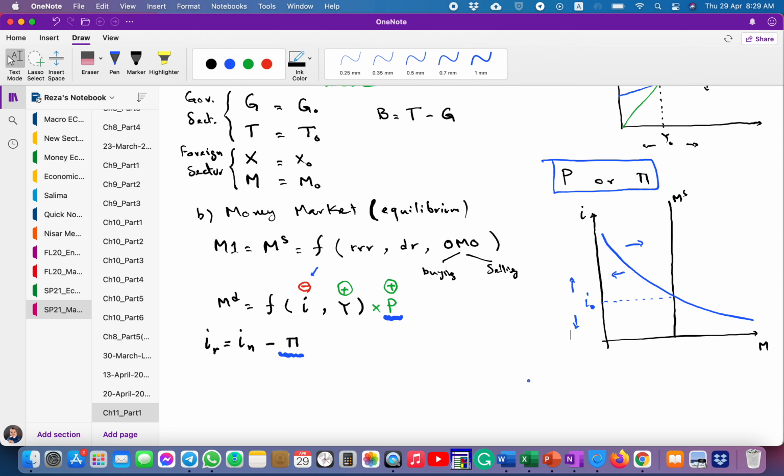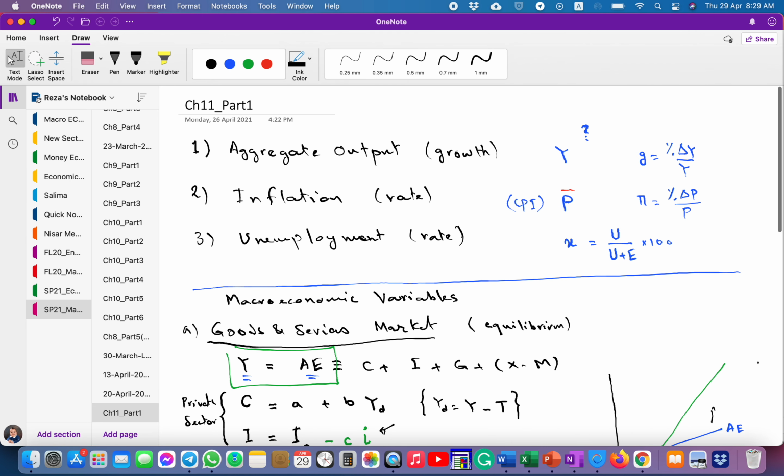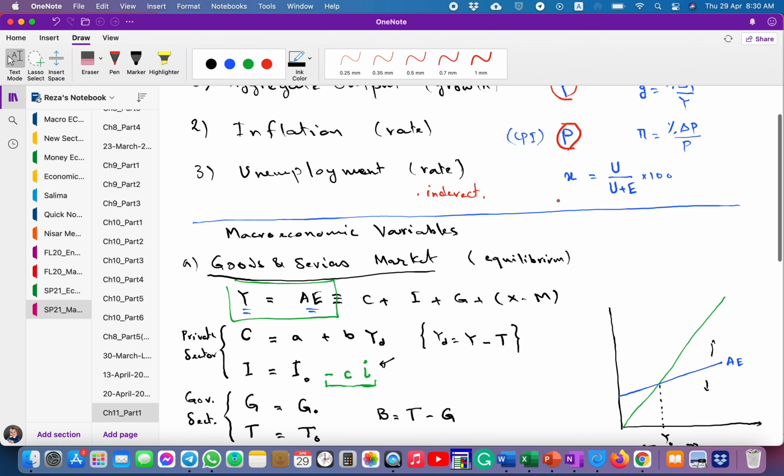All right. So now we have everything to see the interrelationship between the major variables which we have. These are the major variables: output, inflation, and the interest rate, which we are discussing in an indirect manner. So let's talk about what the relationship between Y and P would be.